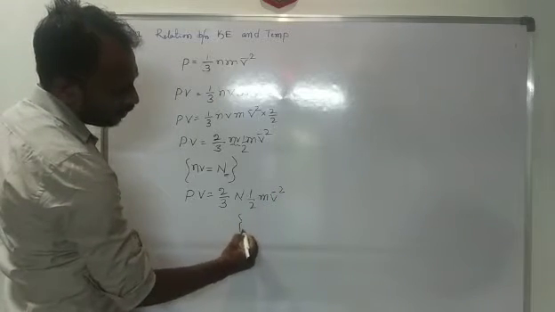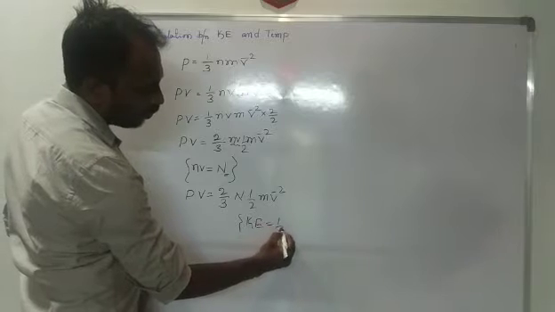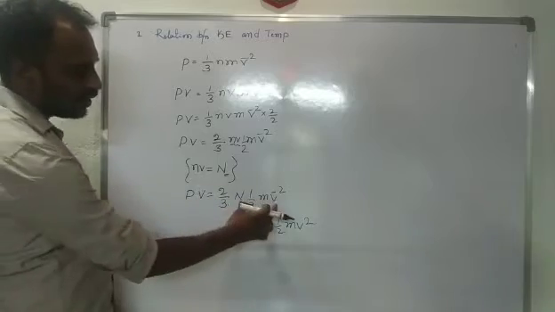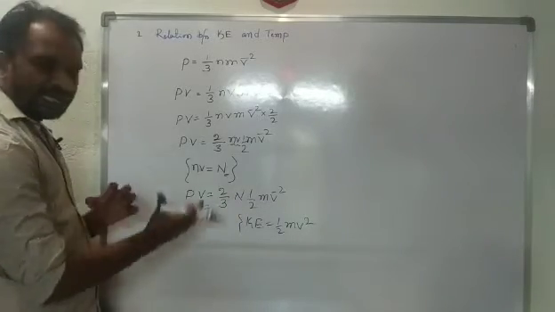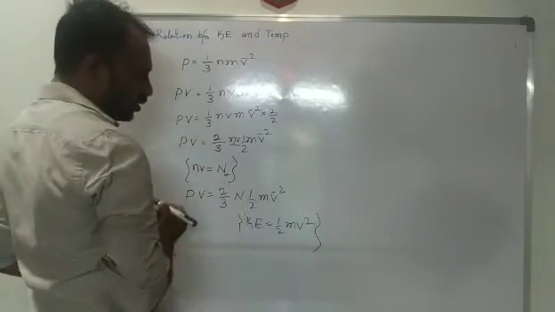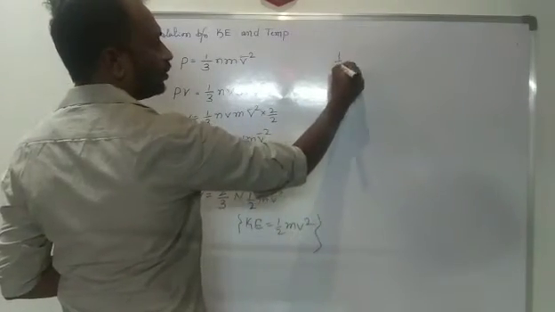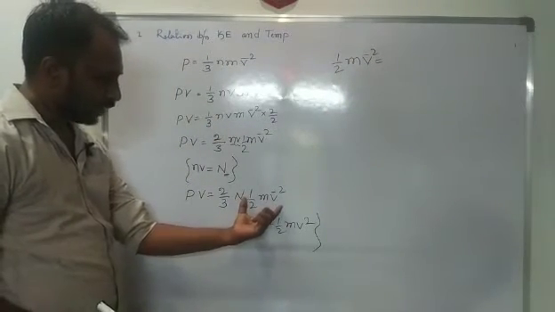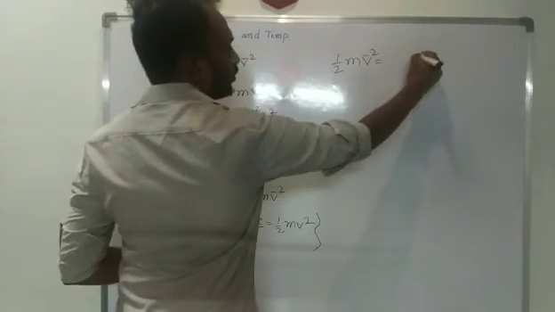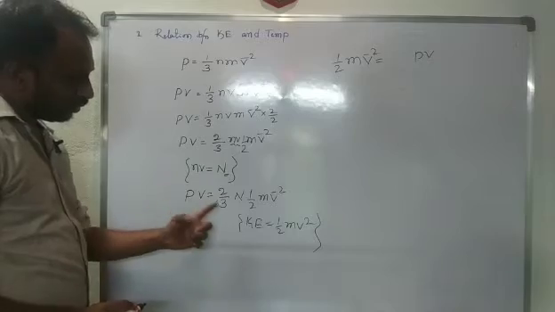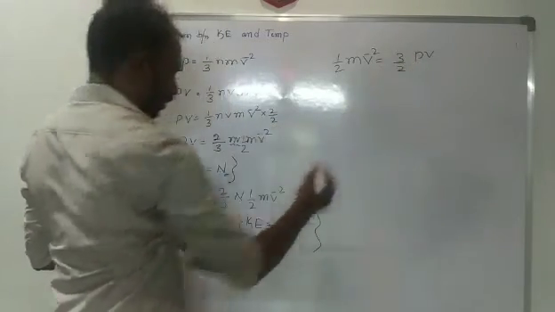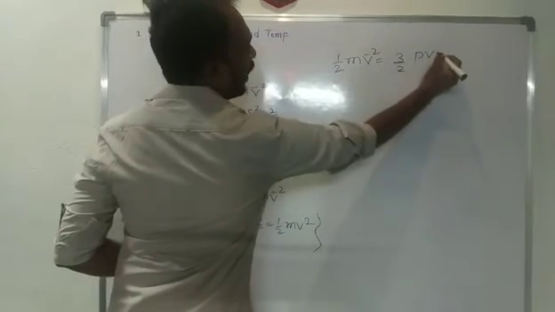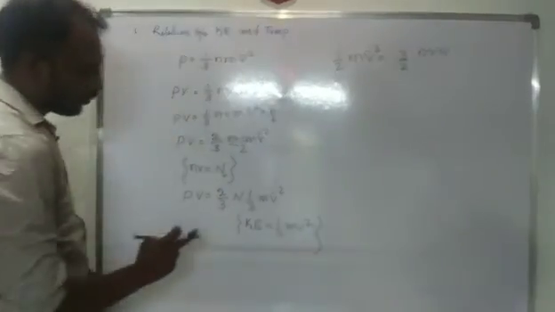You already know that kinetic energy is equal to half mv square. Already half mv square is there, so this one is the kinetic energy. So we can rearrange this equation.